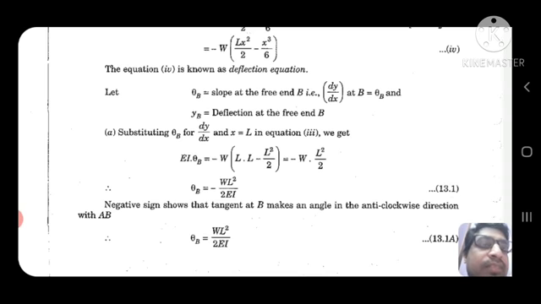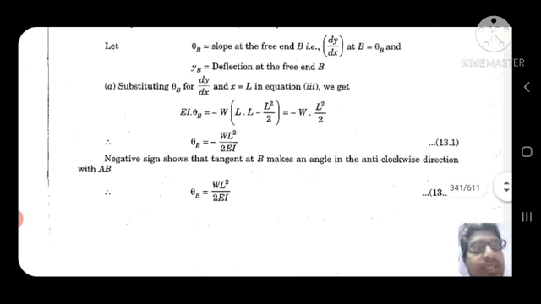Let theta B be the slope at the free end B, that is dy by dx at B, and YB the deflection at the free end B. Substituting theta B for dy by dx and x equal to L in equation 3, we get EI theta B equal to minus W (L times L minus L square by 2), equal to minus W L square by 2.